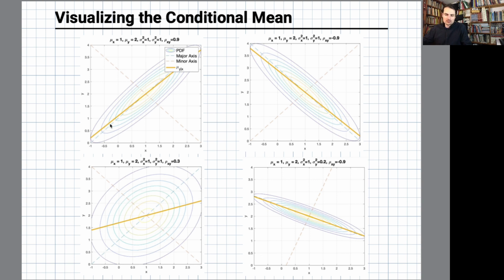Both lines go close to each other. Okay. And note that if we change the sign of the Pearson correlation coefficient, the roles of the major and minor axes are interchanged, right? So this one now becomes the minor axis, but the posterior mean will still go closely to the major axis, right? So it will, in general, go close to the dominating axis.